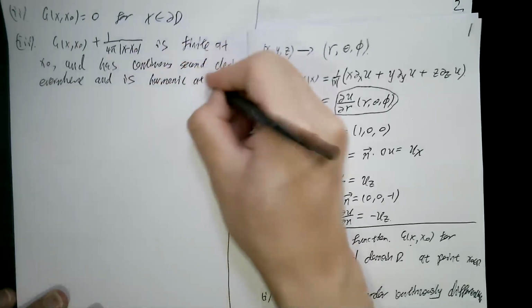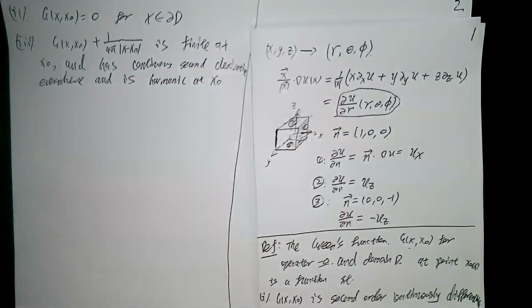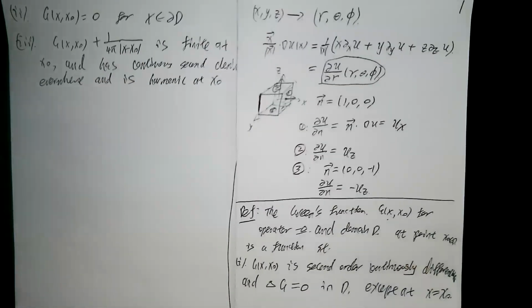Okay, which means if you take out this part, 1 over |x minus x0|, then the Green's function is nothing but a very, very nice function except on the boundary. The Green's function is actually a harmonic function everywhere, but it does not have any good boundary condition in this case.